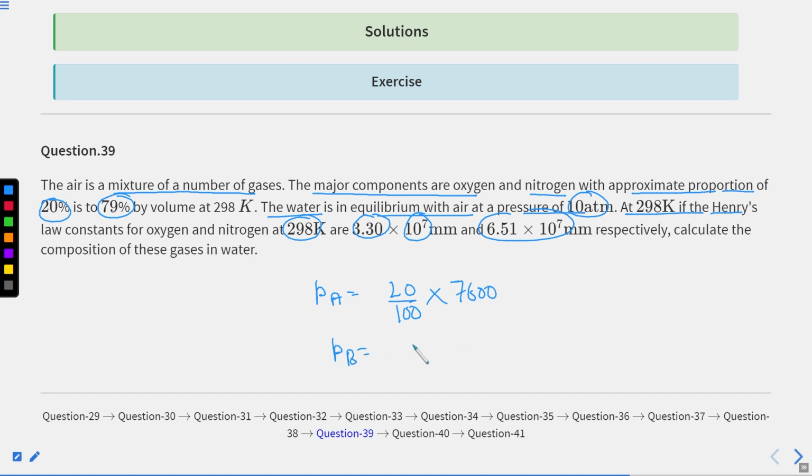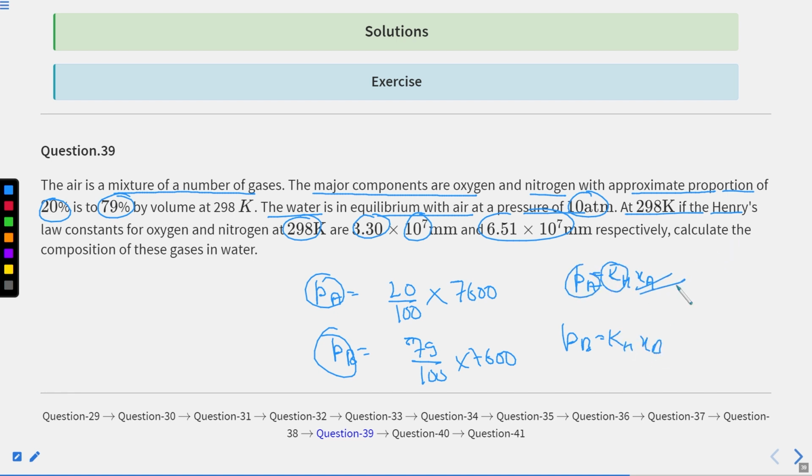Similarly PB is equal to 79 by 100 into 7600. First we calculated PA and PB. Once we got PA and PB, we used these in Henry's formula, that is PA equals KH chi A and PB equals KH chi B. So we have KH, we have PA, then we calculated chi A. Here also chi B.